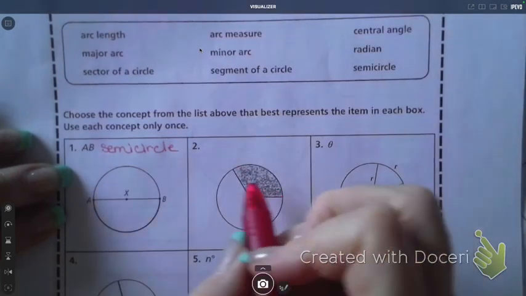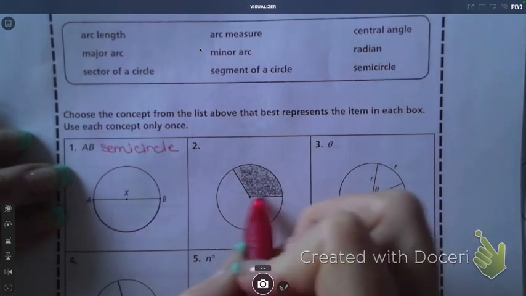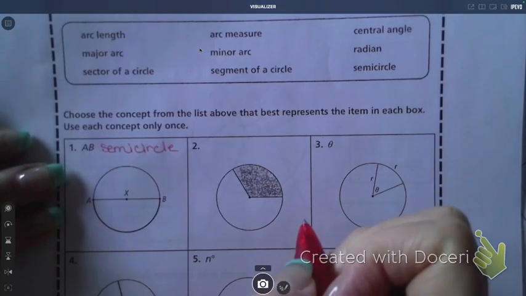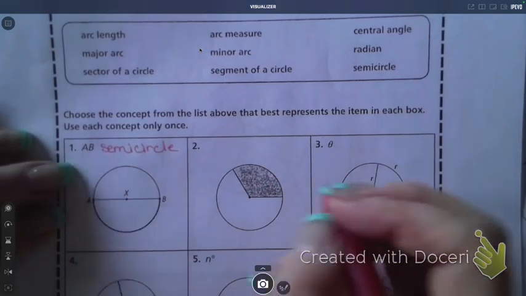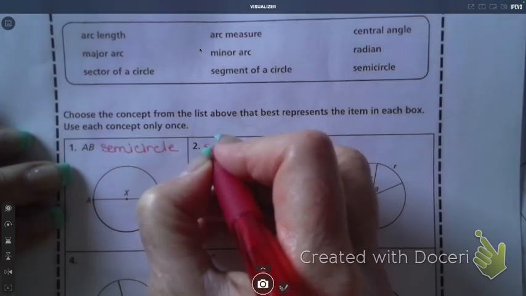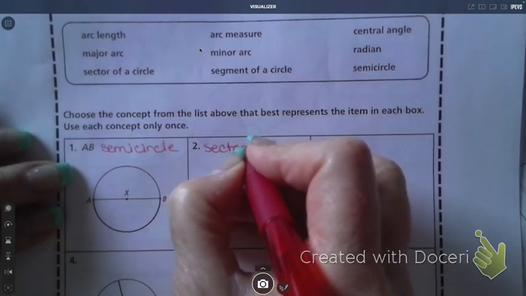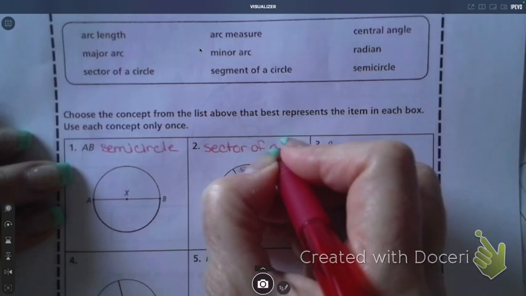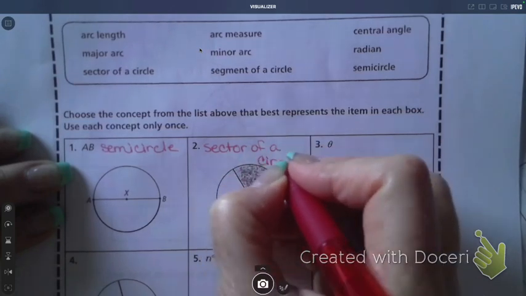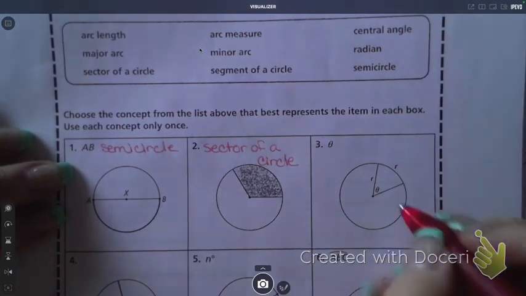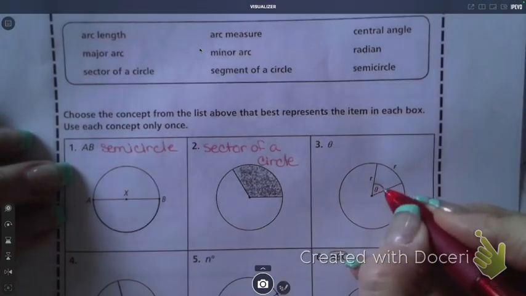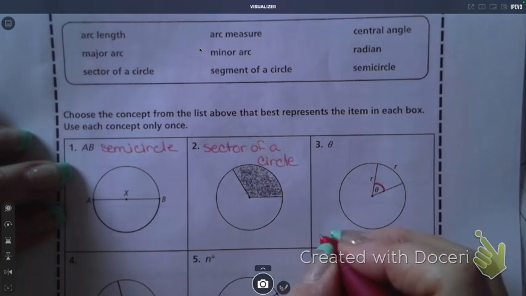Okay. So what's this shaded area? Sector of a circle. What's theta? Central angle.